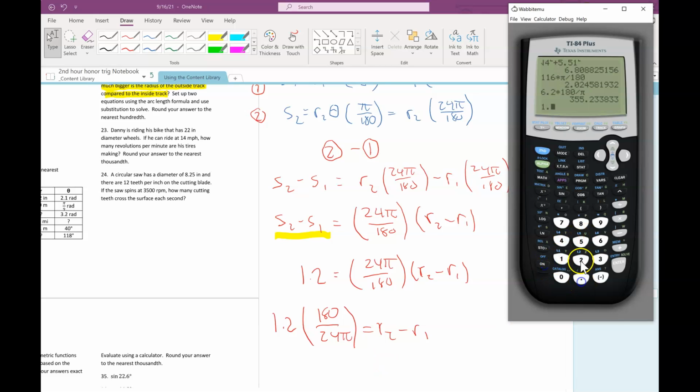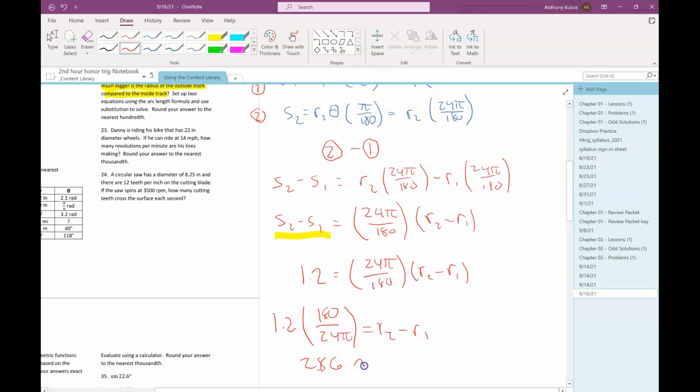So very sneaky in that you didn't actually need to solve for, and you actually don't have enough information to solve for, R1 and R2 separately. But we do have enough information to solve for R2 minus R1.